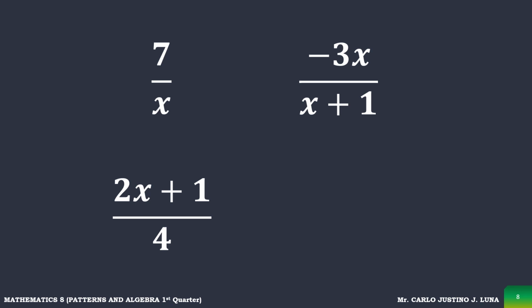In our third expression, our numerator is 2x plus 1 and our denominator is 4. It has no variable. And lastly, we have x squared over x minus 5. So this is also a rational expression. So observe the examples that we have before we define a rational algebraic expression.